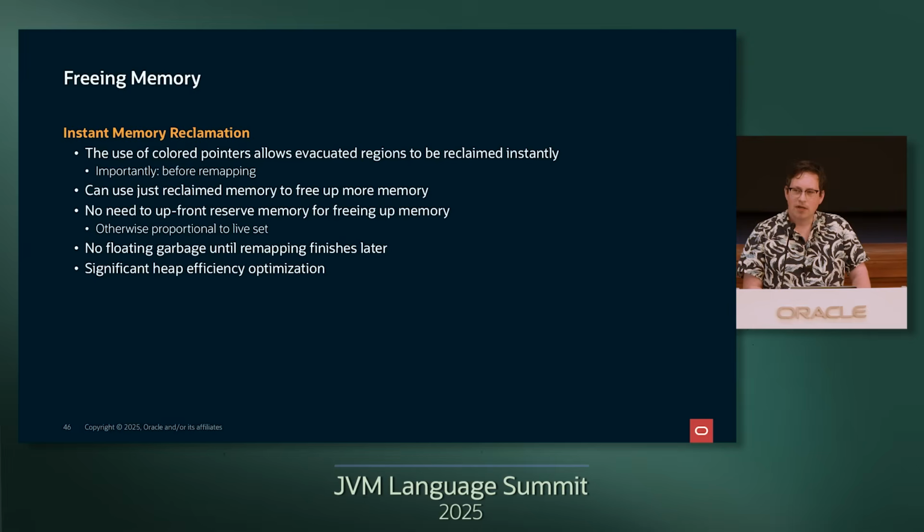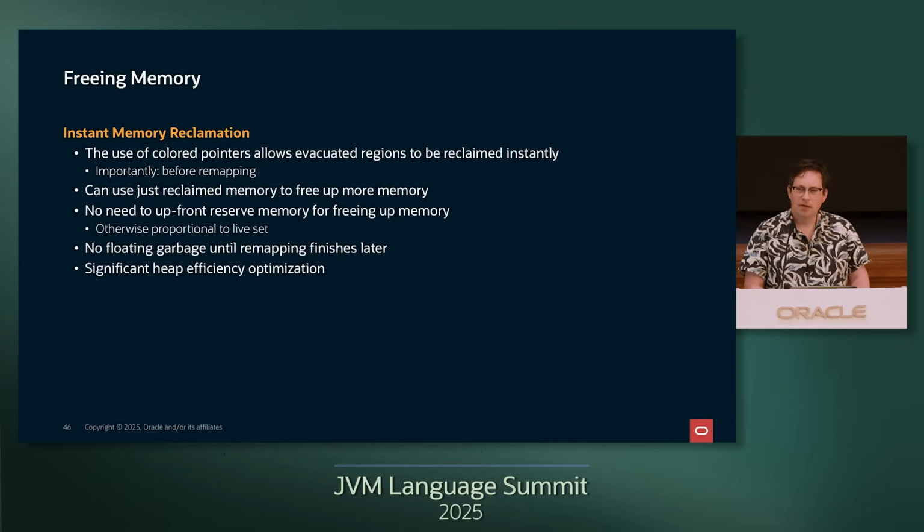So we call this instant memory reclamation. It's a feature that allows us to reclaim memory just after evacuating objects from a heap region, even though things are still referring to the objects in there. And it's pretty cool. Normally you'd have to wait until remapping or something later on.